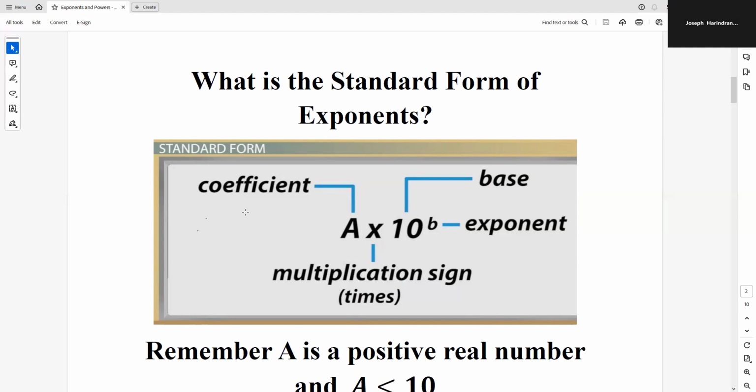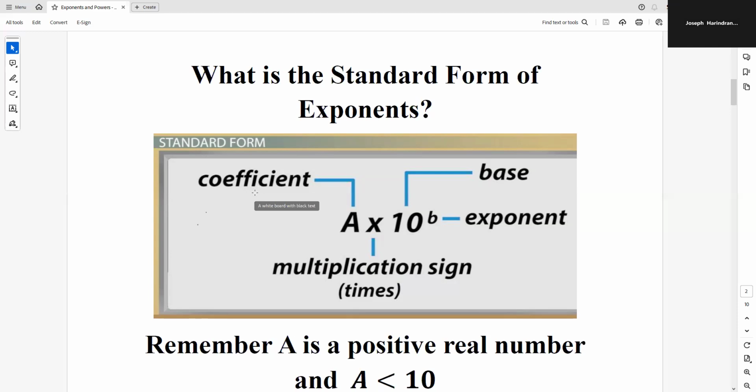So it is multiplied by 10 raised to the power b. This is the standard form of exponents, and it is also known as scientific notation.